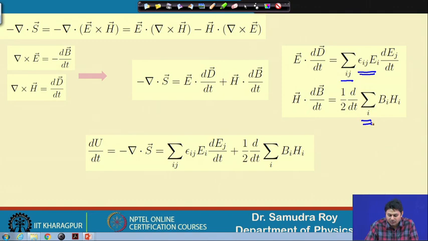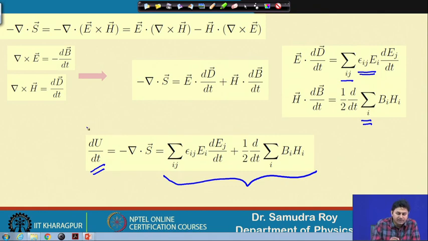Now, if I put these two things together, then I have a relationship du dt and these things S minus of divergence of S and have a form like this. So, du dt, if you remember, this particular form we have already derived in our previous slides.